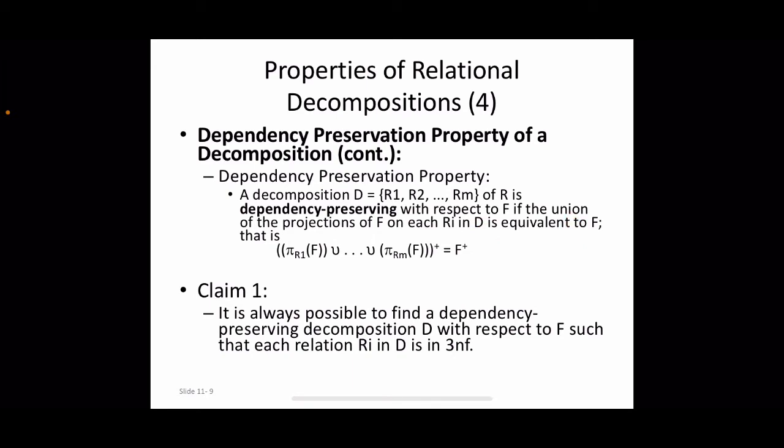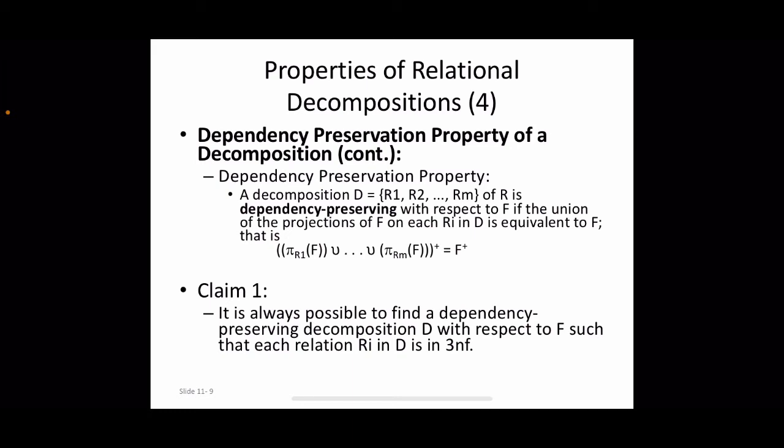That is, we already divided our entire set of functional dependencies into a set of projections, right? Corresponding to each Ri, we have a projection, based on whether the left hand side and right hand side of those dependencies are there in the corresponding Ri.